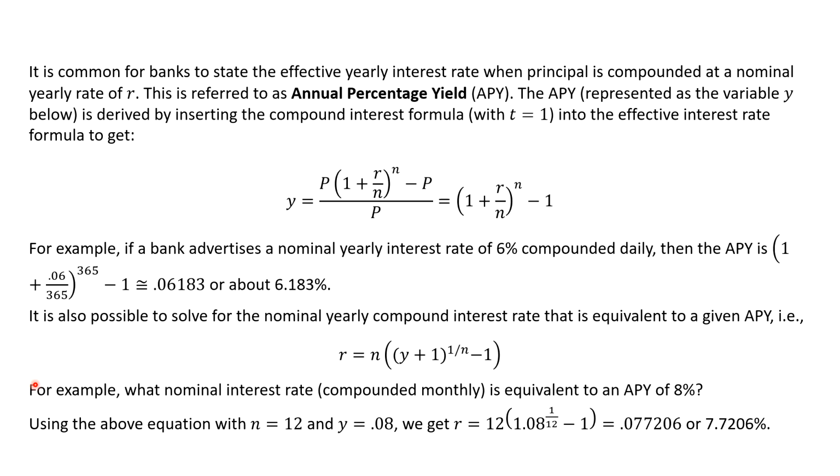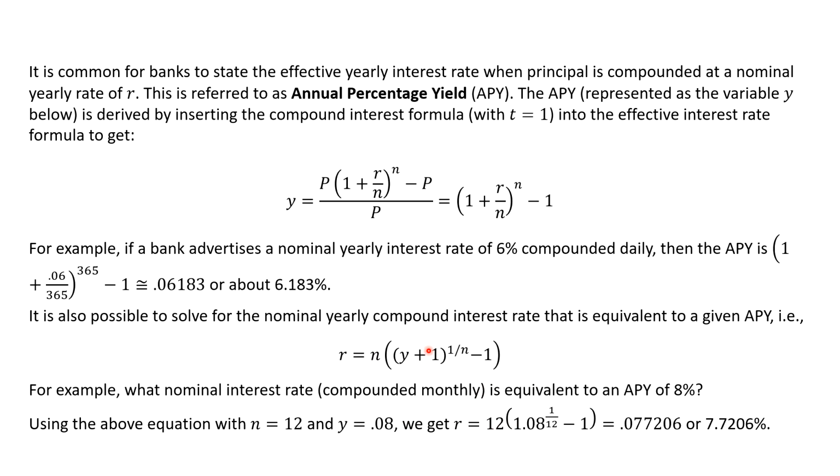and I can give you an example. What nominal interest rate compounded monthly is equivalent to an APY of 8%? So now n is 12, y is 0.08 in this formula here, and what we want to find is the rate that's being compounded monthly.